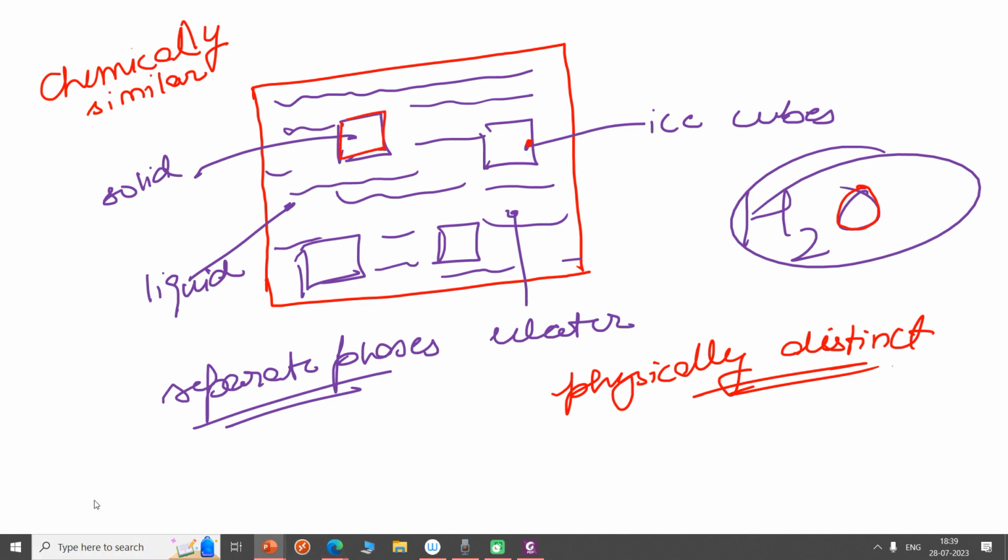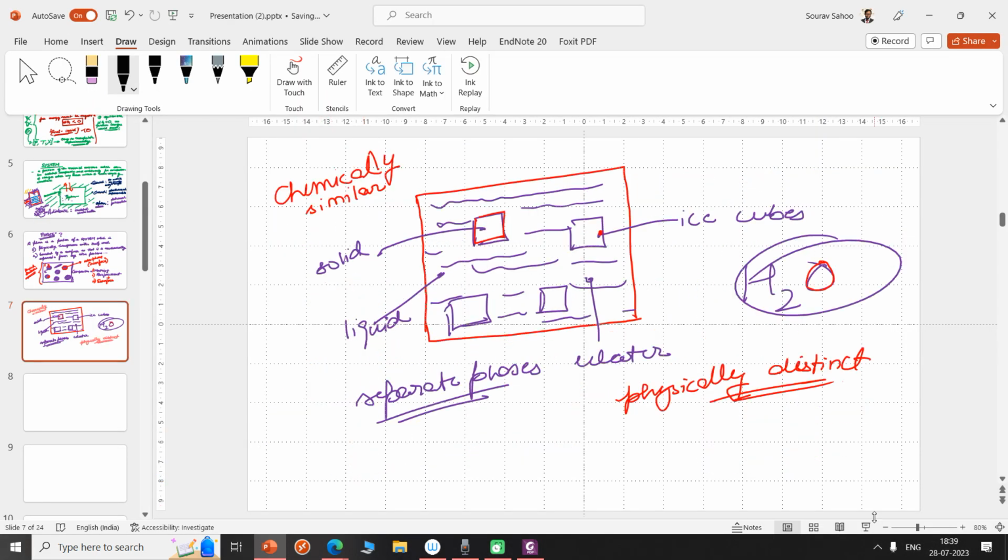Okay, so now I'll just go through components. Having described phase and system, now what we come down to is the component. Now what are the components of the system?